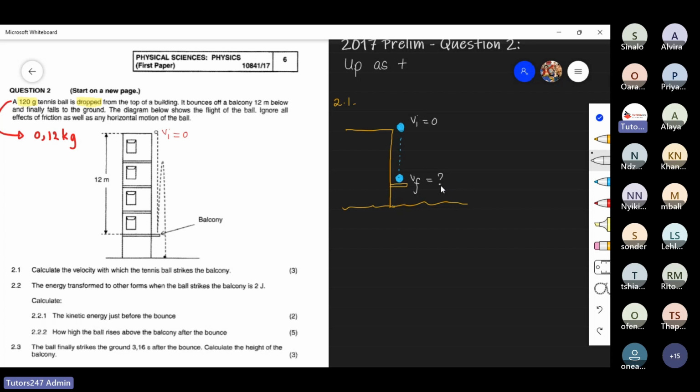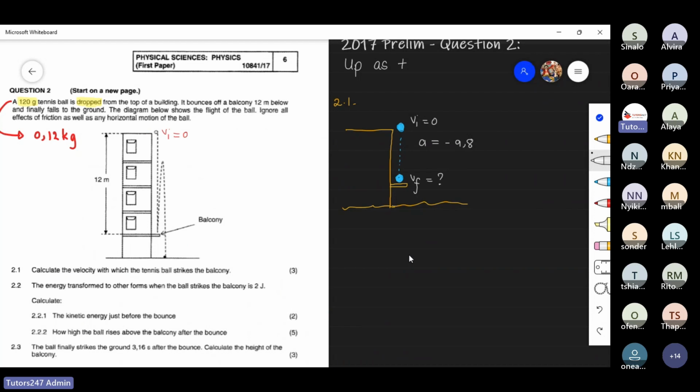My final velocity is in a downward direction, which means that I need to end up with a negative value. So we've indicated what is our initial velocity. Let us indicate what other values we know. So our acceleration is going to be negative 9,8. Why?